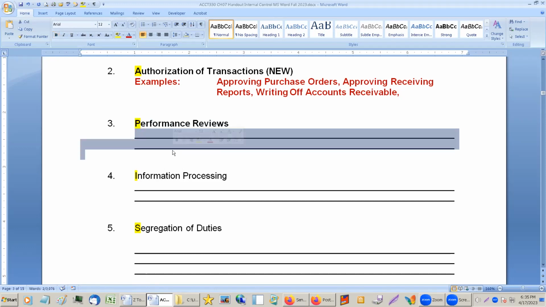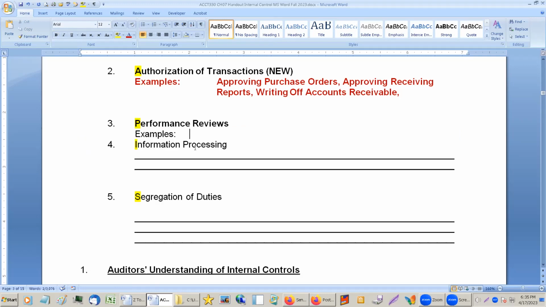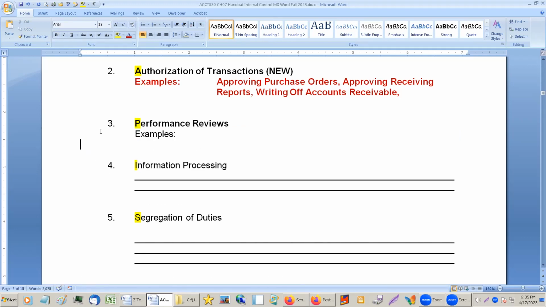Performance reviews. Now, this is generally not the year-end review for employees. Employees are part of it, but the examples are usually, the big one is budgeting, and variance accounts. These are the big ones that you look at.